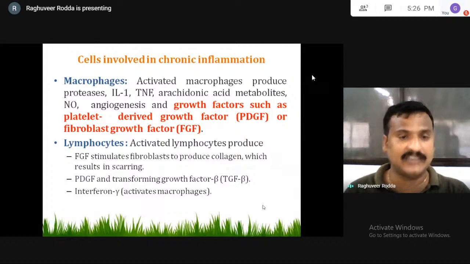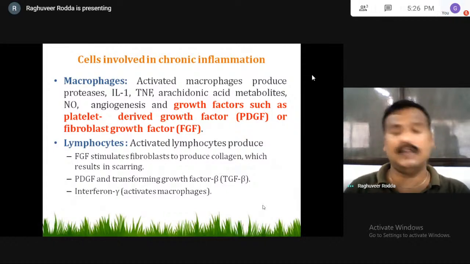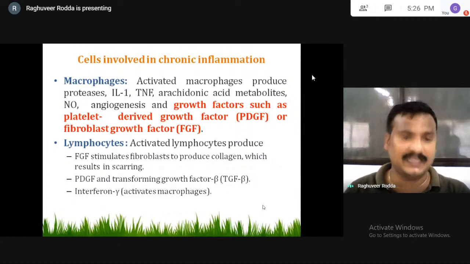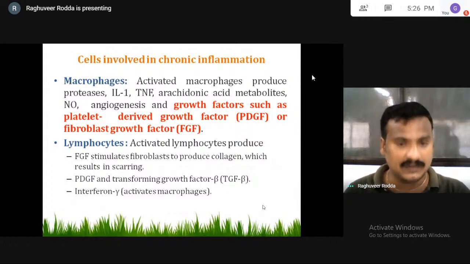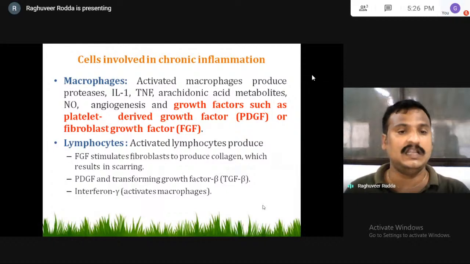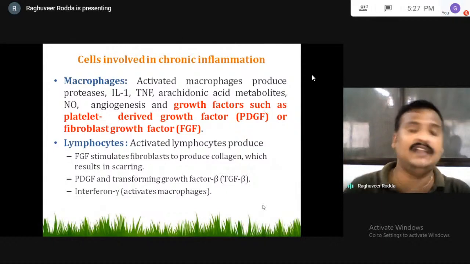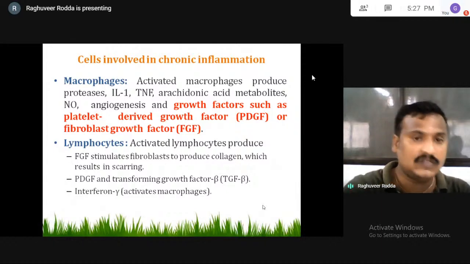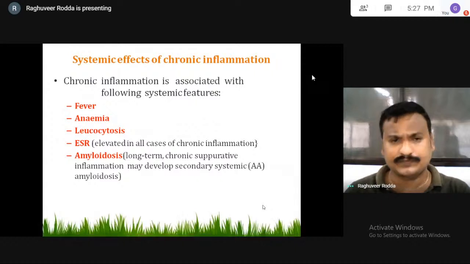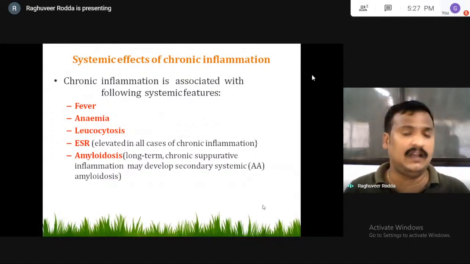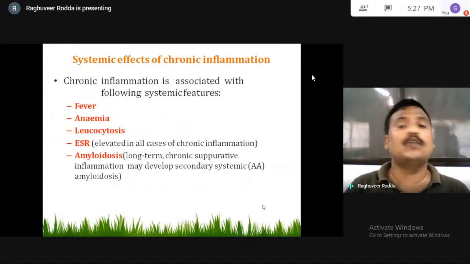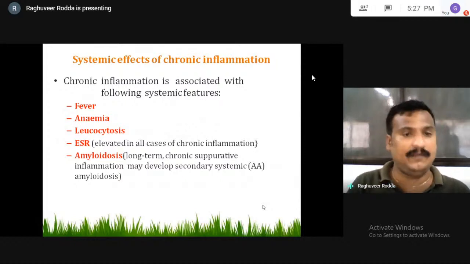Also lymphocytes, activated lymphocytes, TGF beta, platelet-derived growth factor, transforming growth factors, and interferons from activated macrophages. All these cells are involved in chronic inflammation.